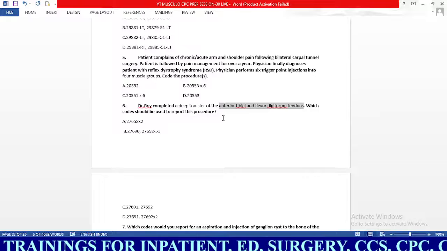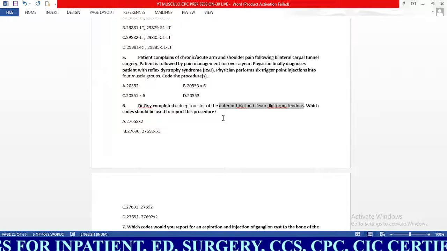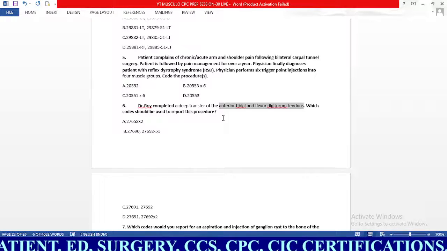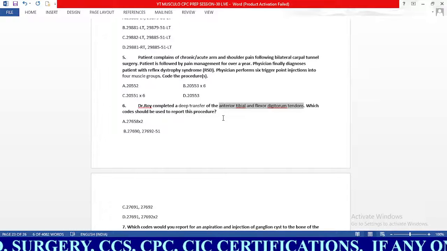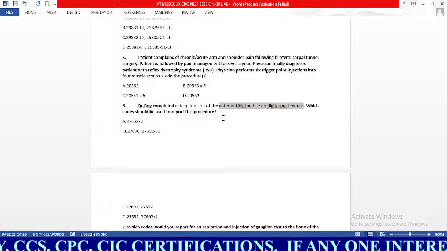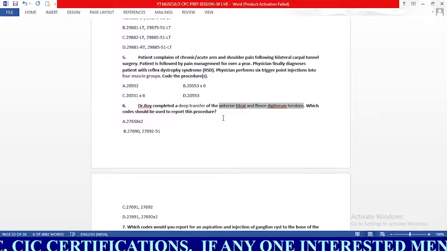So we will check 27690 now. Basically 27690 is for transfer or transplant of a single tendon. But based on our question, the physician has performed the procedure on two tendons. So we can eliminate B also.